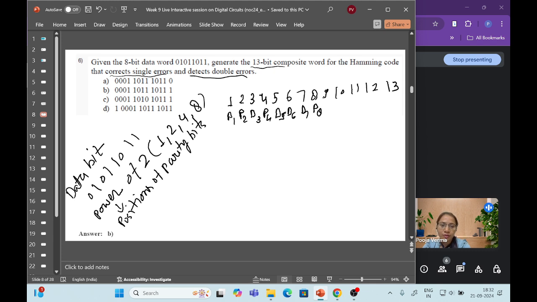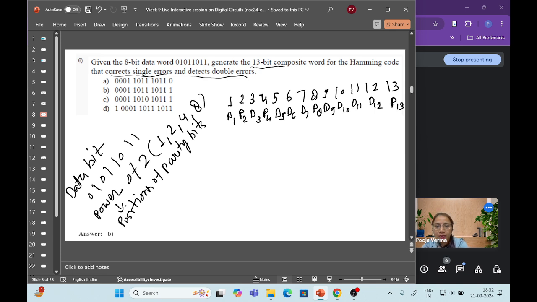There is one parity bit at 8. So D9, D10, D11, D12. So all data bits and parity bits have been placed. So the one extra parity bit which we have added, we will place here, that is P13.